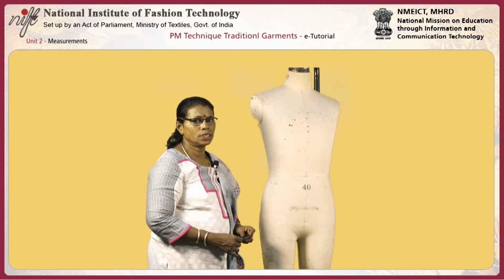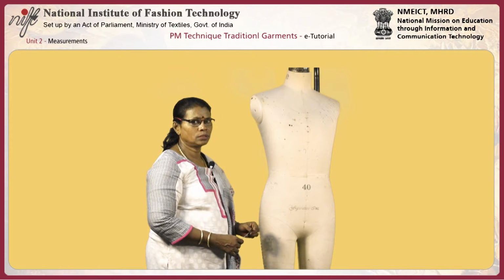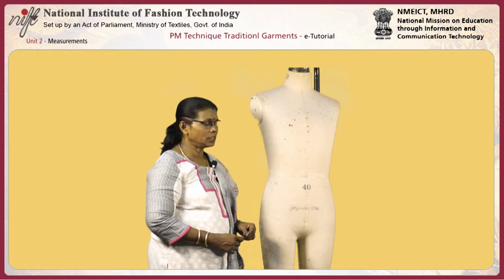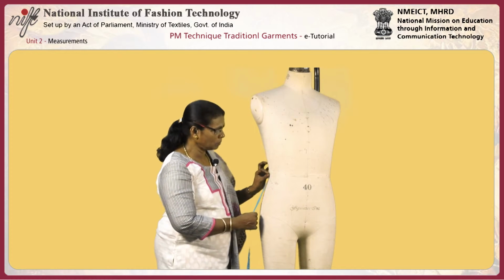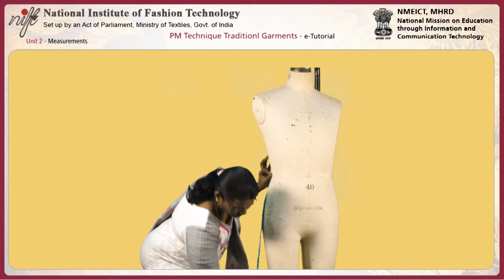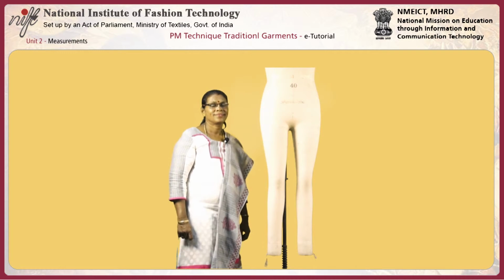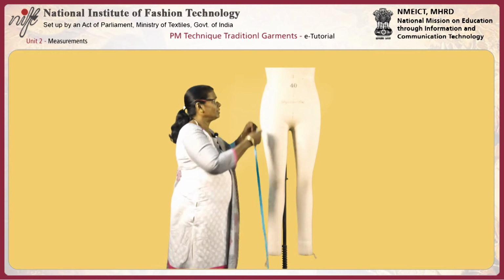Now we are going to see the lower torso measurements or lower body. First, the length measurements start from side leg length. Out leg length.